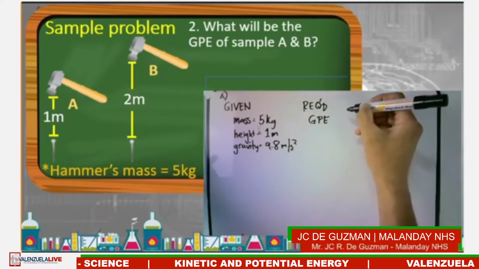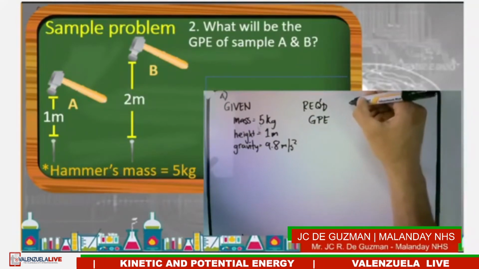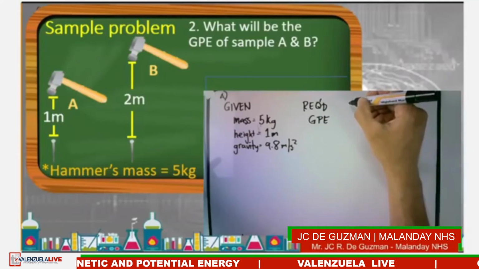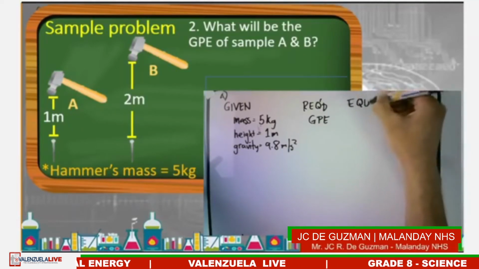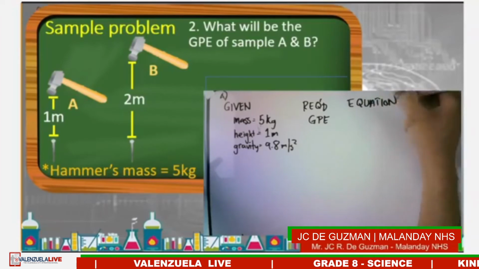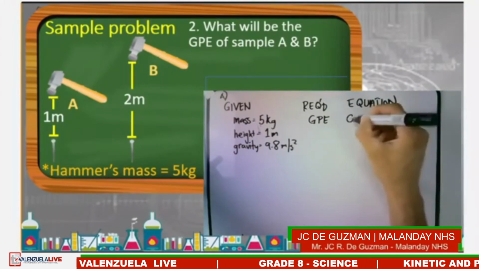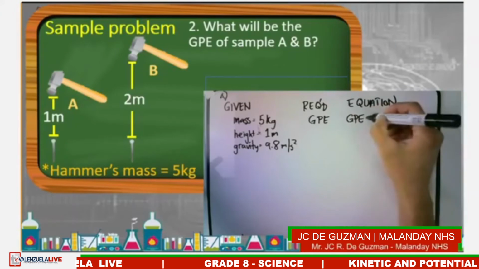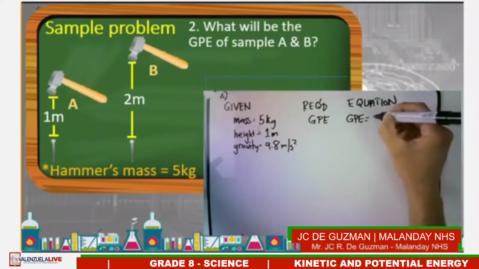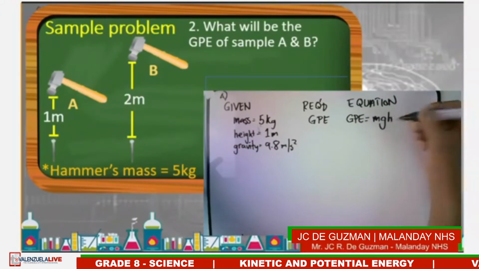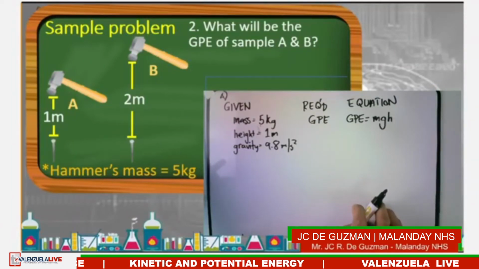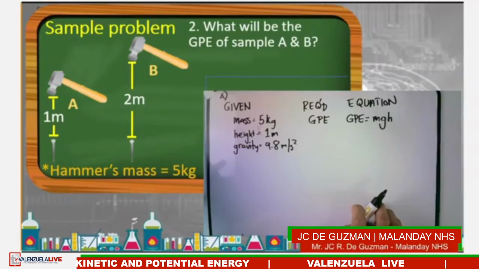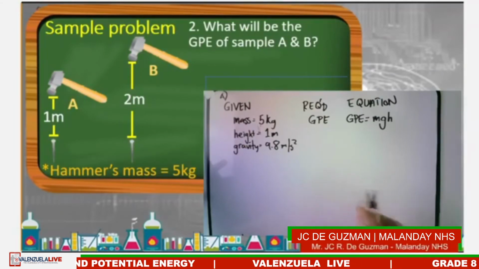For the next one, we have letter E, that is for the equation. For the equation, GPE, for the gravitational potential energy, is equivalent to mass times gravity times height. So let us now proceed to letter S and letter A for the solution and the answer.